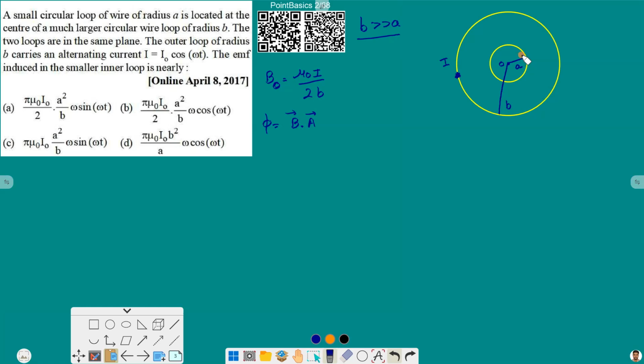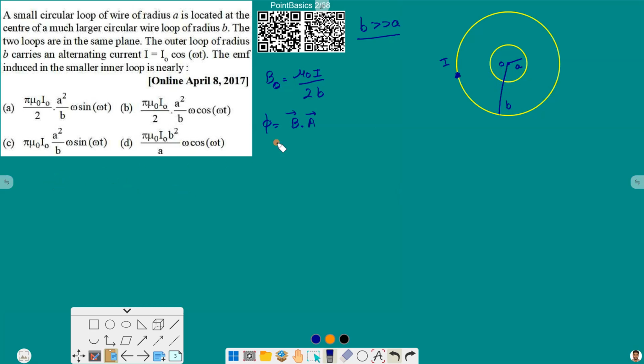So we assume that this loop of radius A is very small, just about the center, and then we can take the magnetic field at the center to be equal to the magnetic field inside this loop. This is the assumption we are going to take here, and we have to find the induced EMF.